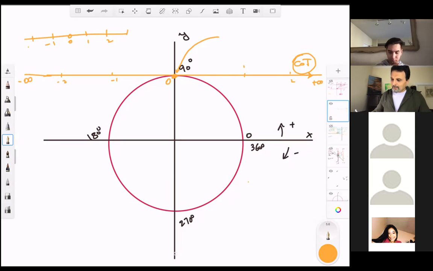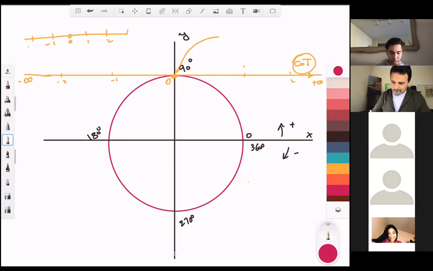Agree? Now I'm asking, what is the cotangent of 60 degrees? This is 60 degrees. In order to find the cotangent, I need to let this line go to touch the cotangent line. It touched it here, so this much is the length of the cotangent of 60.